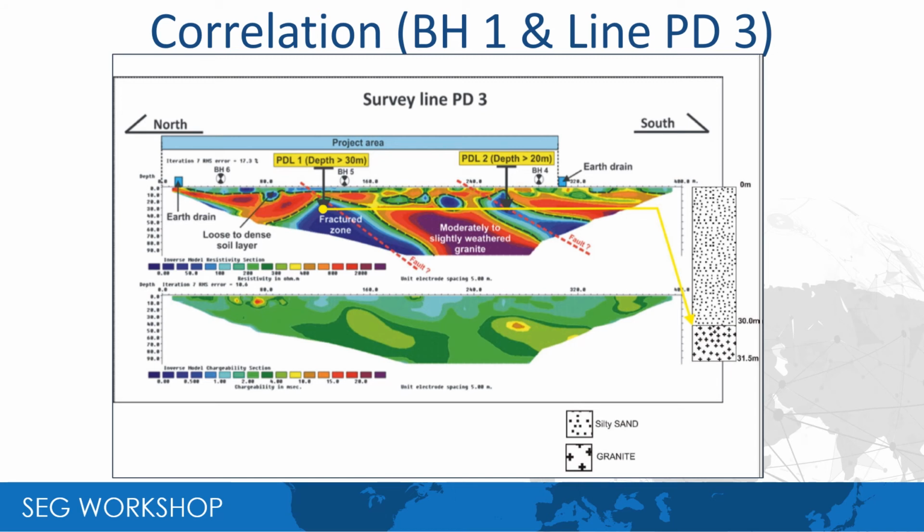This is the correlation between borehole number 1 and the resistivity and IP result for PD number 3, because this is the location of the survey line and borehole number 1, okay. So basically on the top we captured silty sand. This is from the top until 30 meters, and then we got the granite sample, but unfortunately the temperature of the water is not hot water, okay.